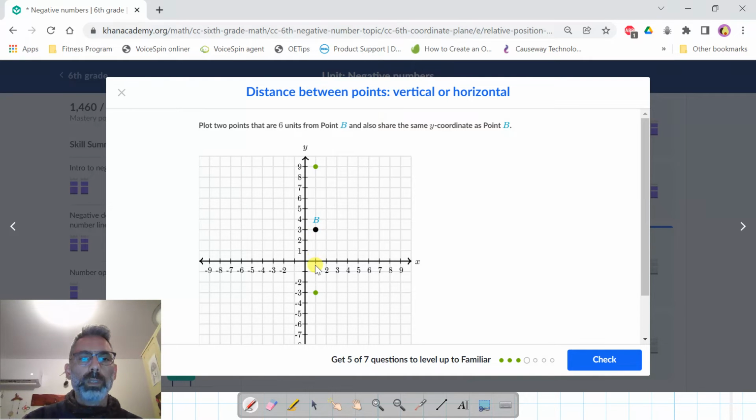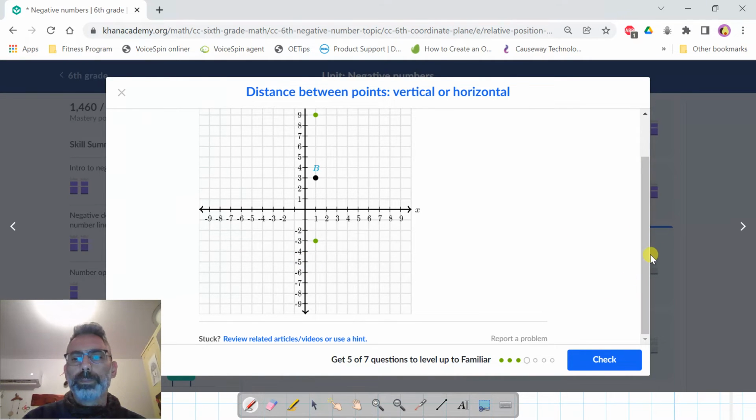The distance from B to the x-axis is 3 units and then 3 more units, so the total distance is 6, and from this to this is also a distance of 6, and they have the same y-coordinate. Okay.